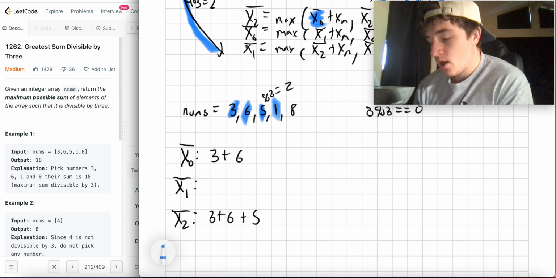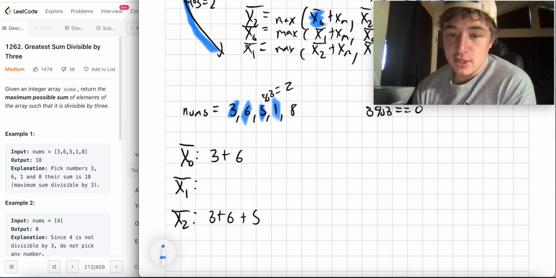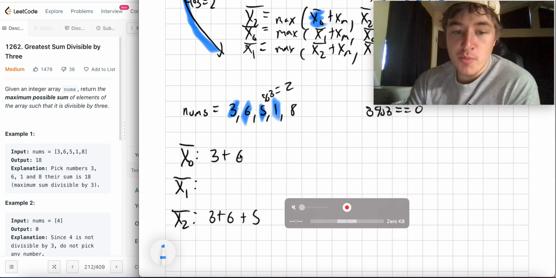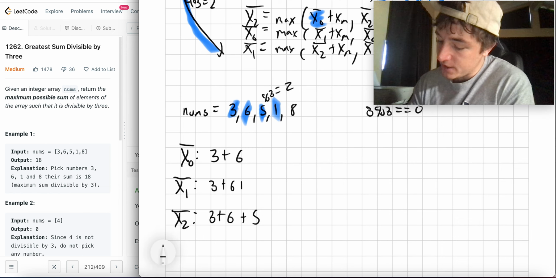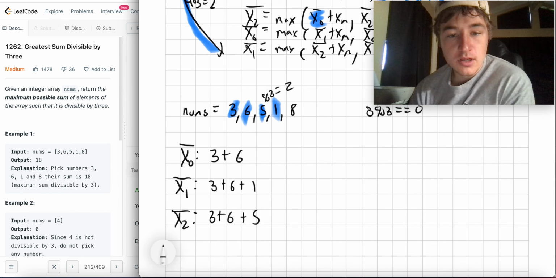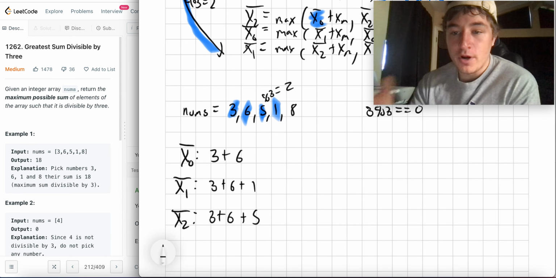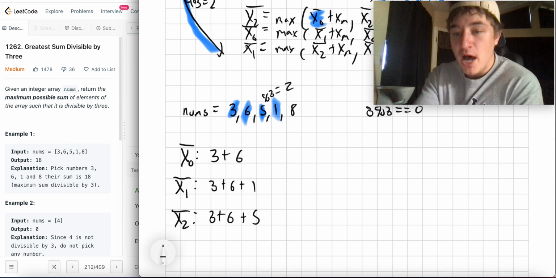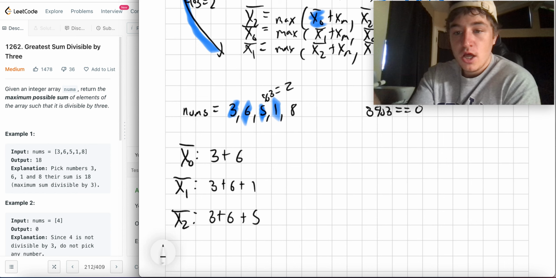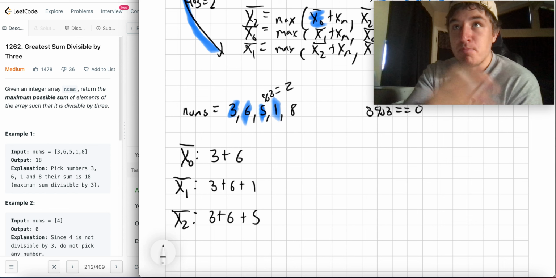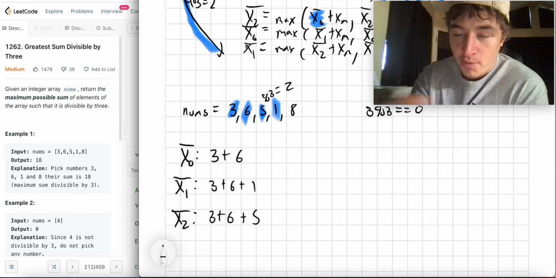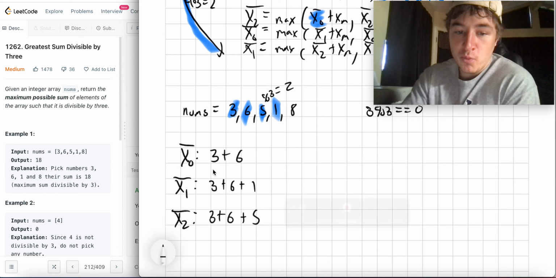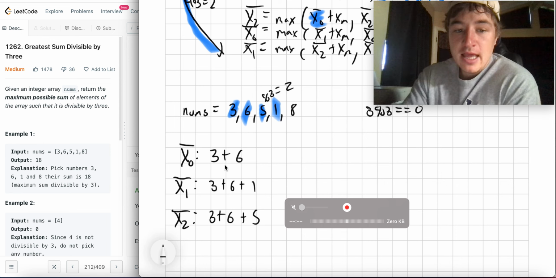Okay, 1 mod 3 equals 1. So if anything was mod 0 before, when I add a 1, it'll become mod 1. So I can take the longest thing that's mod 1. Anything that was mod 1 before will now become mod 2, but there was nothing mod 1 before, so this doesn't get updated.